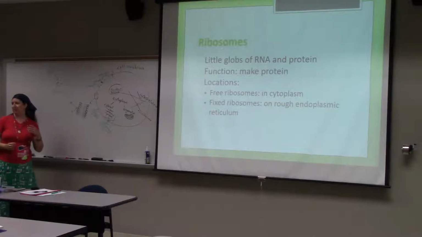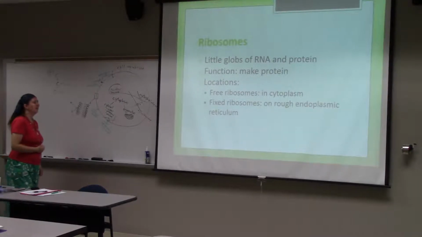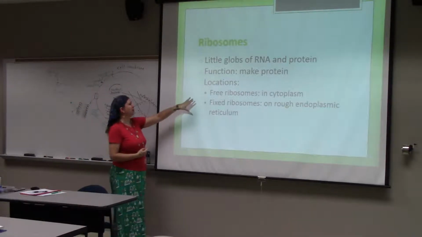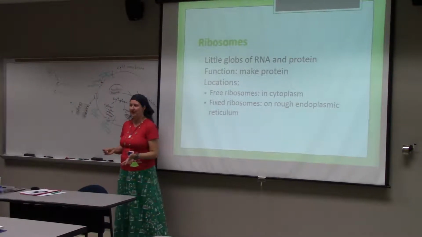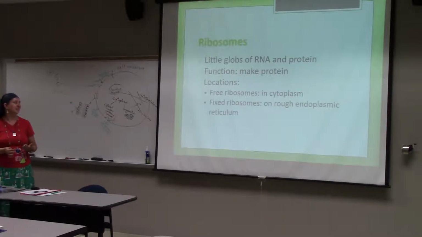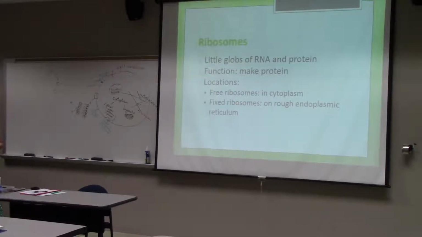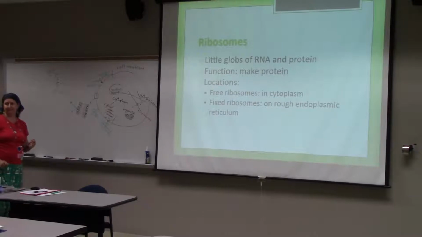Their job is to build proteins. Some of them are what's called free ribosomes, where they're just in the cytoplasm, and they'll make proteins that stay inside the cell. There's also some called fixed ribosomes that are on our next organelle, the rough endoplasmic reticulum.